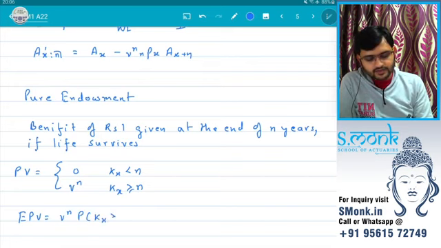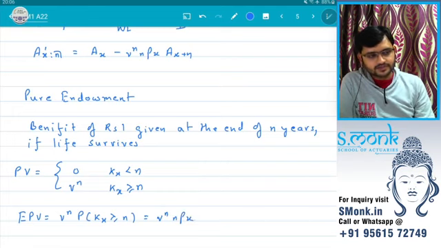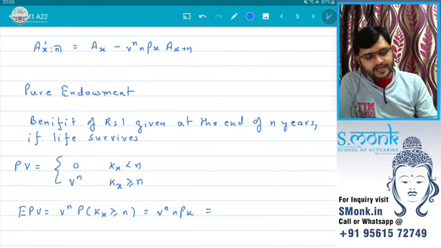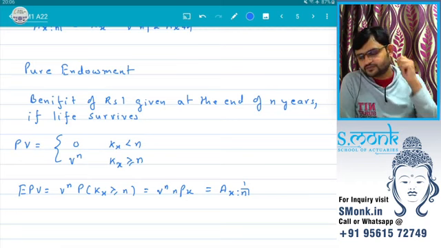Our kx will be greater or equal to n. That is nothing but npx. We did that in chapter 15. We'll have v raised to n npx. We write this as ax n dash, or 1 if you want to call it as 1.